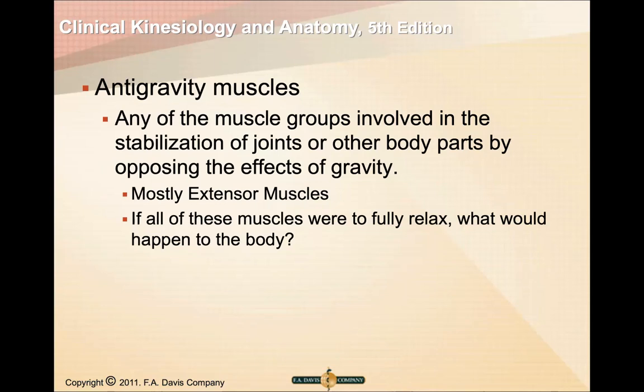And then you've got your glute muscles in our hips. They're not on our spine, but think about it. If we were standing and our gluteal muscles just went fully relaxed, what do you think would happen? Or if any of those anti-gravity muscles suddenly went limp when we were standing, what do you think would happen? We might fall. You would just fall right over. That's correct.